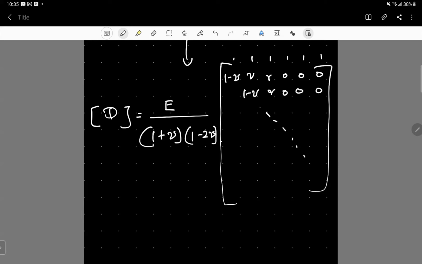Likewise, this will be a symmetric matrix. So this is the foundation for you, remember, just highlighted, because we will be using this when we want to derive the stiffness matrix for this tetrahedron element.